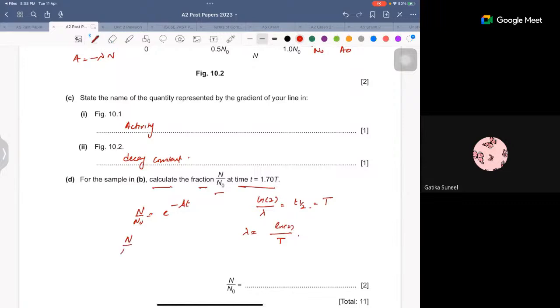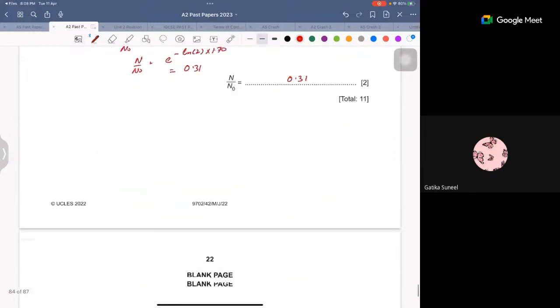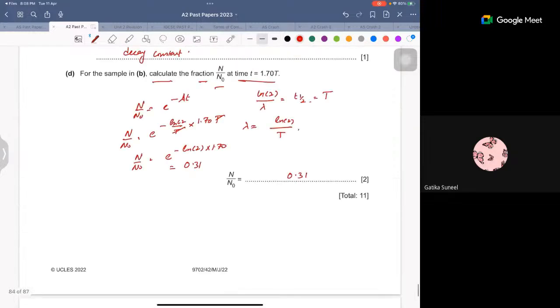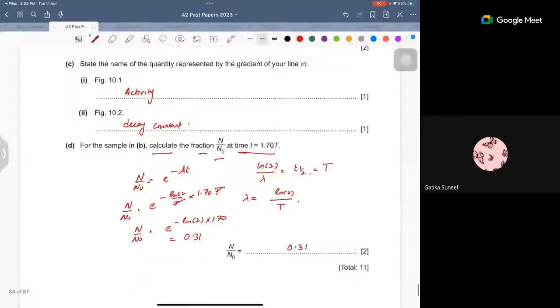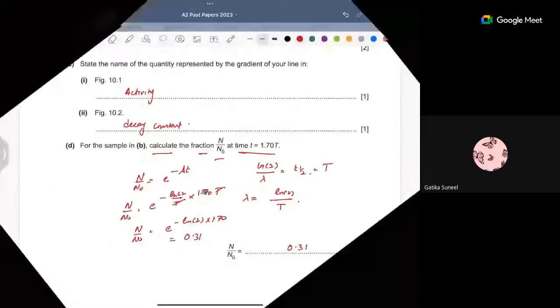So N over N naught equals e to the minus ln2 over T times 1.70 T. T and T will cancel out, so ln2 times 1.70. What do you get for this? 0.31. Okay, very good. This was not bad. This is good actually. All right, so we're done here.